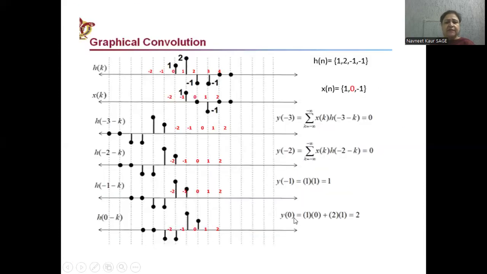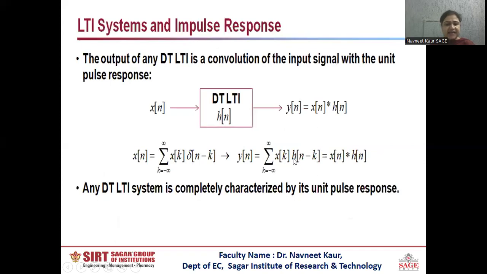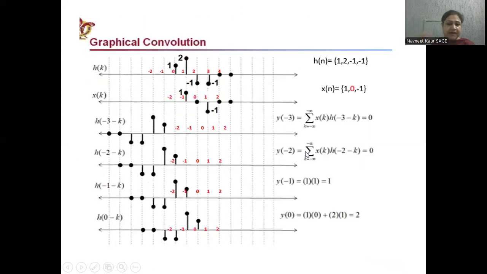First, we will see how we can find y of minus 3. We know we have this formula, the sum of x[k] h[n minus k], which is equal to y[n]. If I want to find y of minus 3, here n has the value minus 3. So I'll have the summation, k from minus infinity to infinity, of x[k] h[minus 3 minus k].